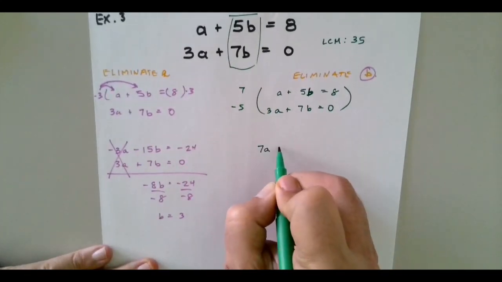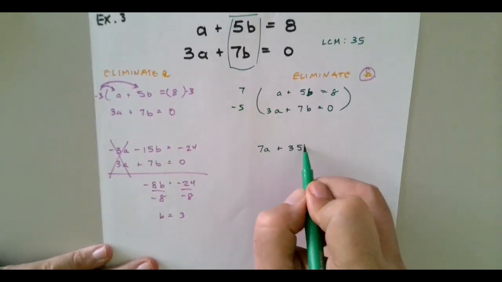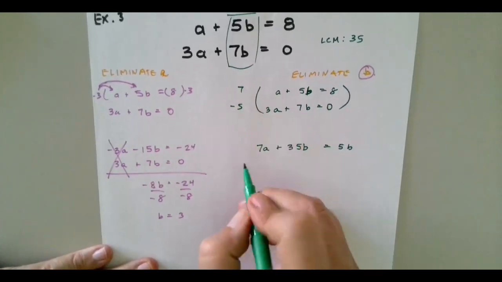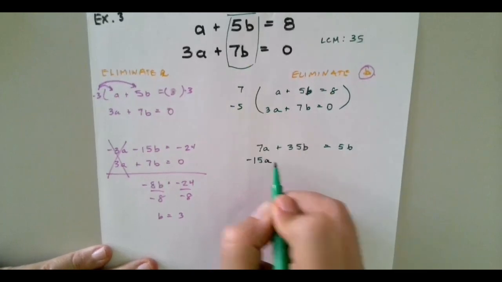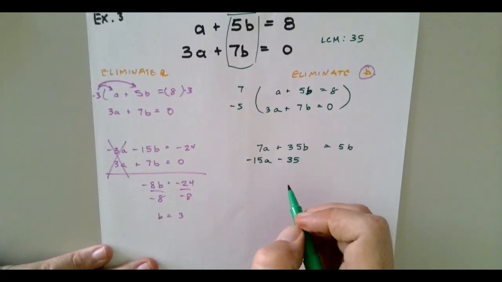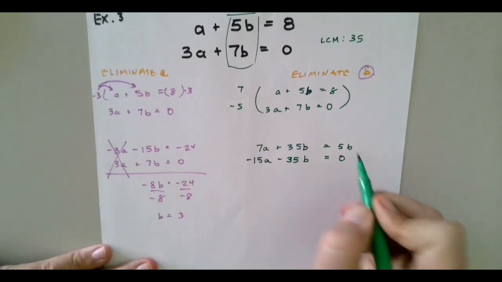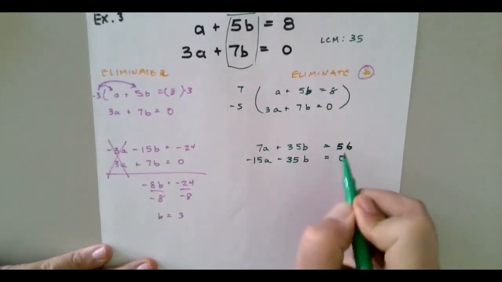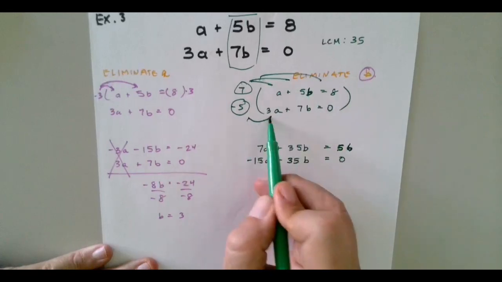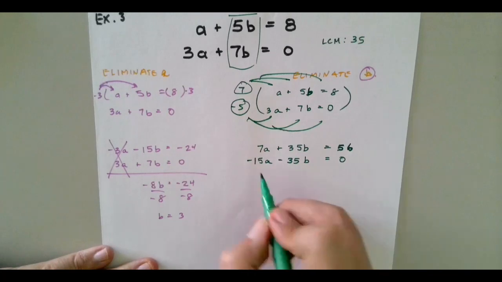I get 7a plus 35b equals 56. Here I distribute, I get negative 15a minus 35b is equal to 0. If you're wondering where I got these numbers, I'm just distributing this across the whole thing. So that gives me 2 new equations.